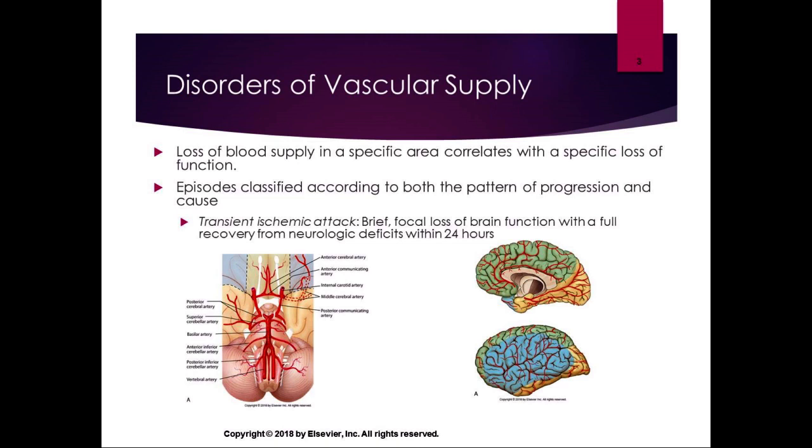So if someone's having several TIAs, that could be the indicator that they're going to have a stroke soon. But the main difference is that you have a full recovery from neurological deficits within 24 hours.